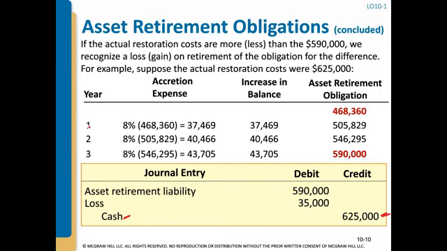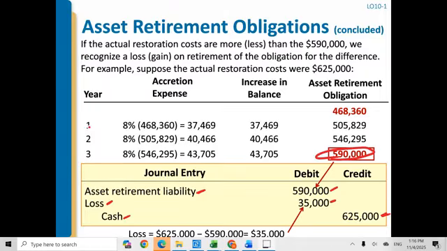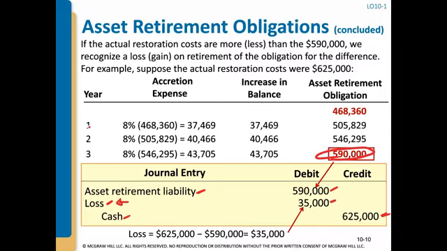Our asset retirement obligation at the end of year 3 is $590,000. So we're going to debit asset retirement liability for $590,000, and then the difference is a debit of $35,000, and that's a loss. That's just an additional expense that we incurred in order to pay for that land restoration. And that loss will go on the income statement and reduce our net income.